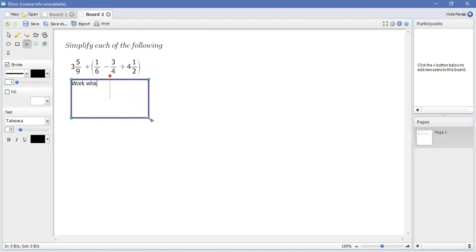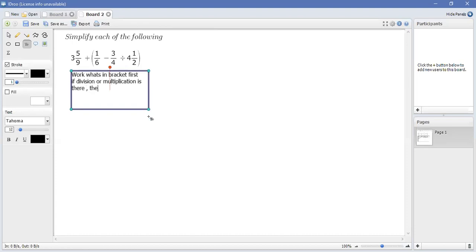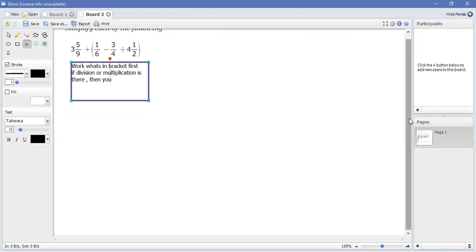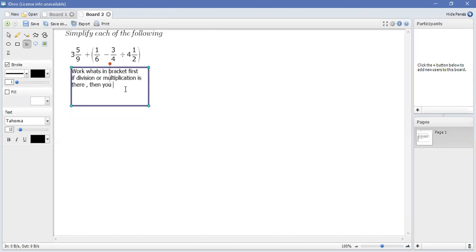Work what's in the bracket first. Then, if division or multiplication is there, you do the division or the multiplication first.